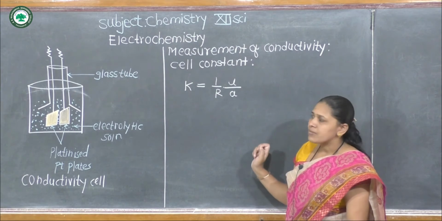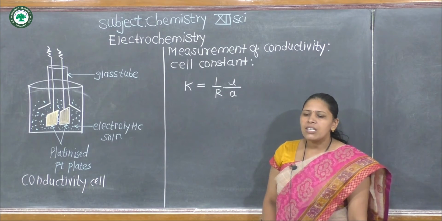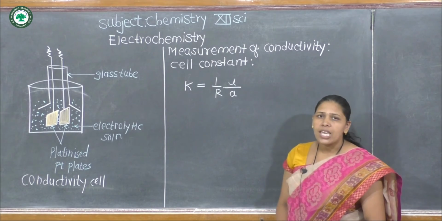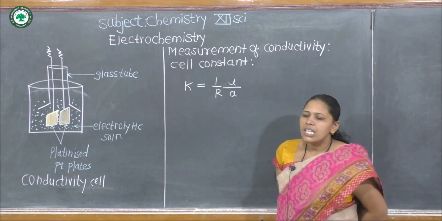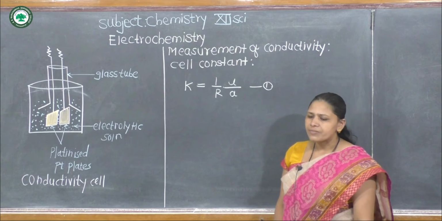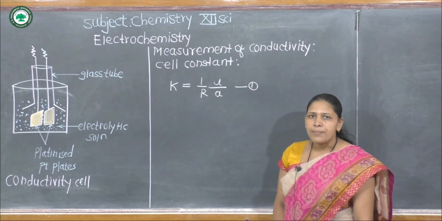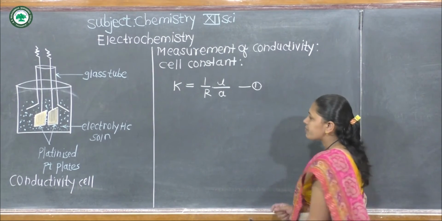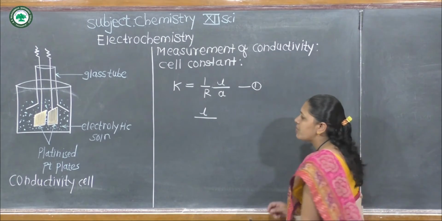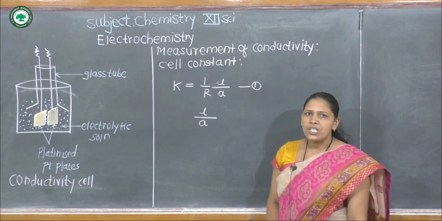Here K is conductivity, R is resistance, small l is distance of separation between two electrodes, and small a is area of cross section of the electrode. If this equation is equation number 1, then for any given cell, the ratio of distance of separation between two electrodes, l, and area of cross section of the electrode, a, that is l upon a, is the cell constant.